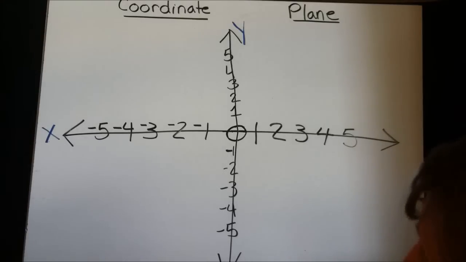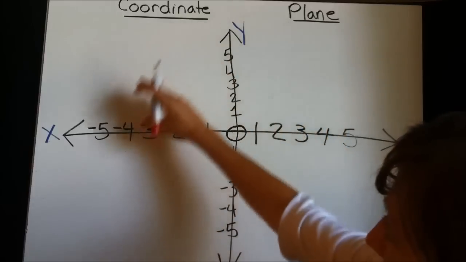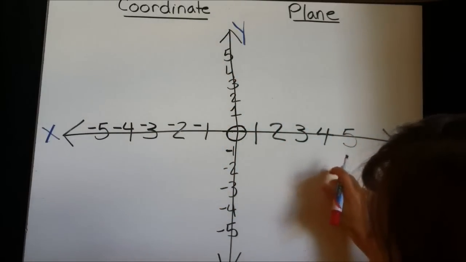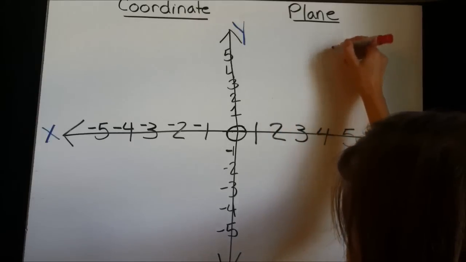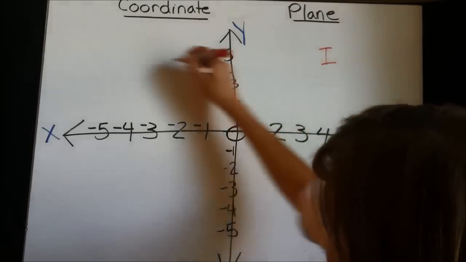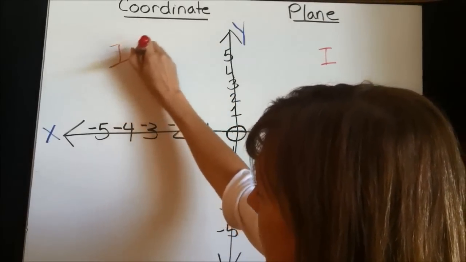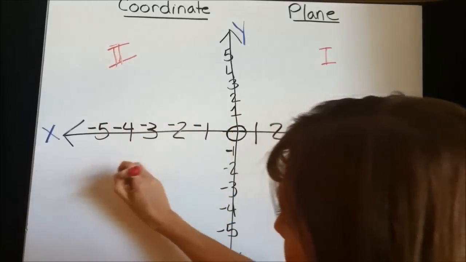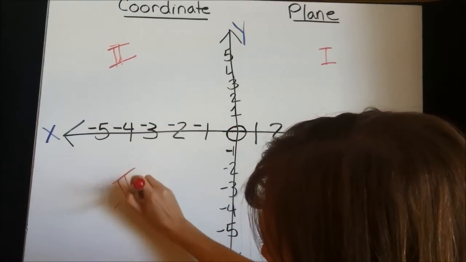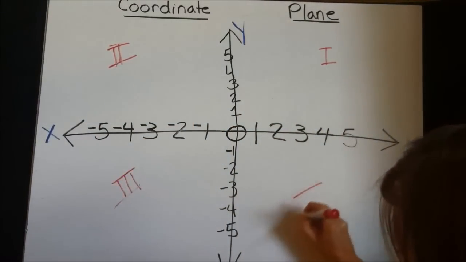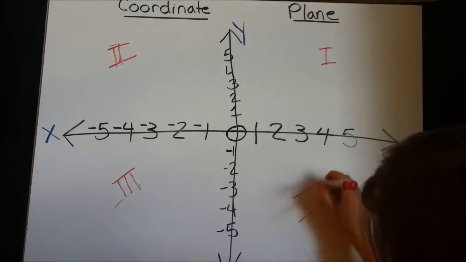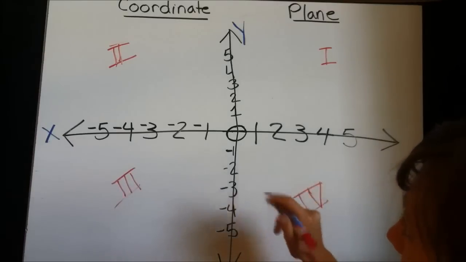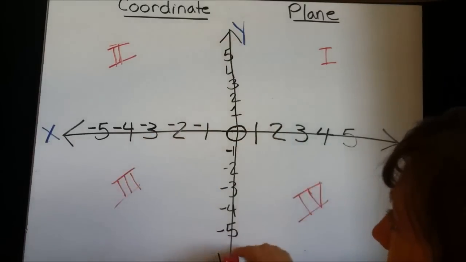And you would number the quadrants counterclockwise in the shape of a C, the letter C. So this would be quadrant 1, quadrant 2, quadrant 3, quadrant 4. So these are the 4 quadrants of the coordinate plane. We have our x-axis, our y-axis.